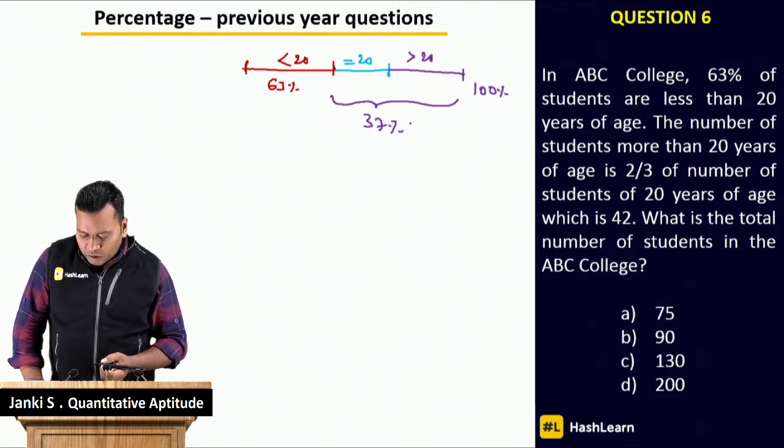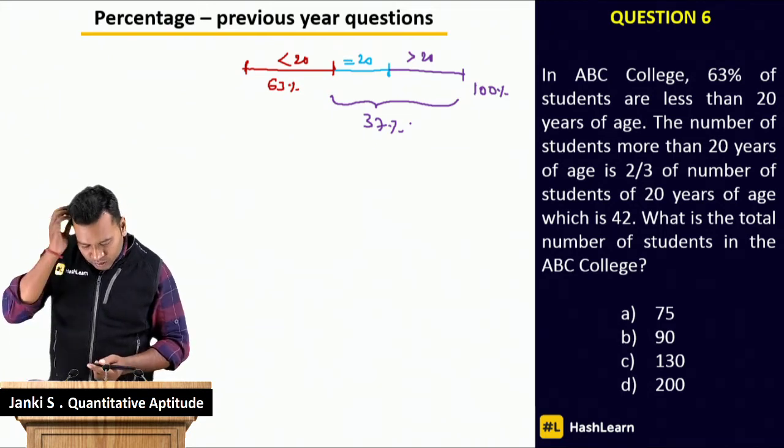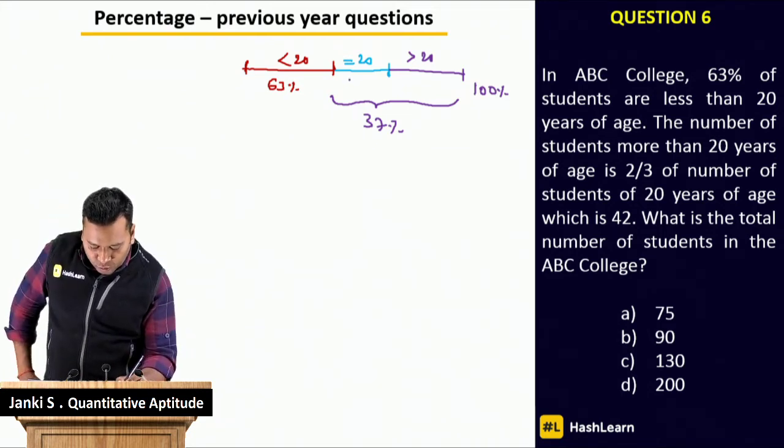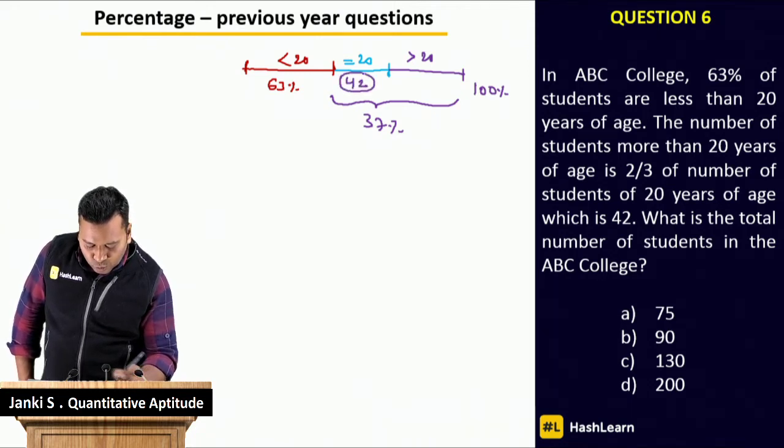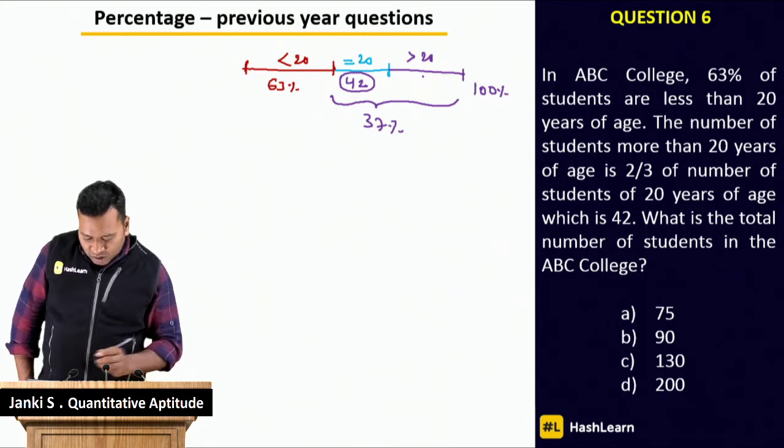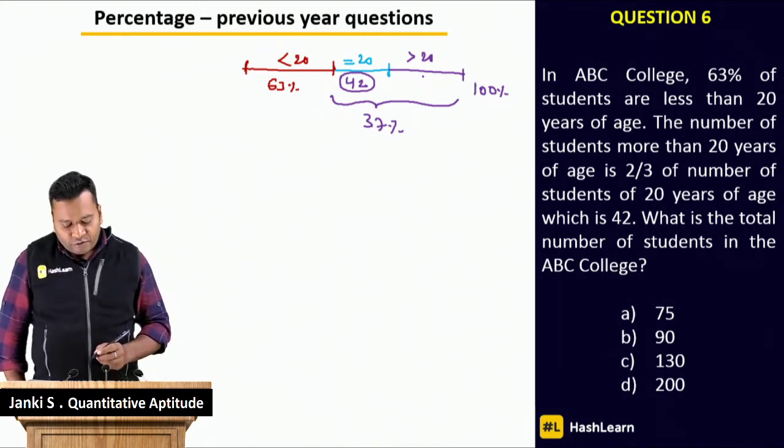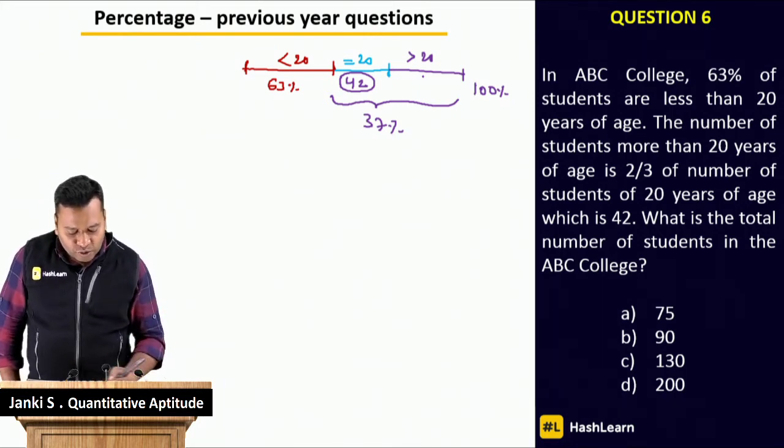So this is 42 according to the value given, and this value has to be 2/3 of 42, right? So 2/3 of 42 is how much?